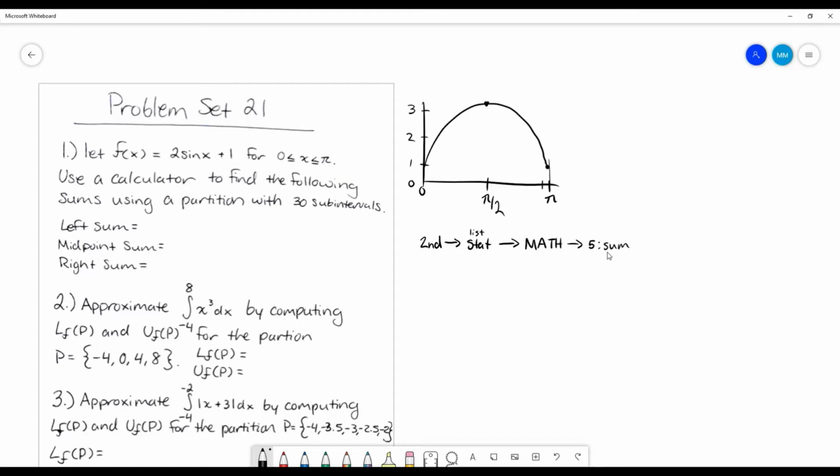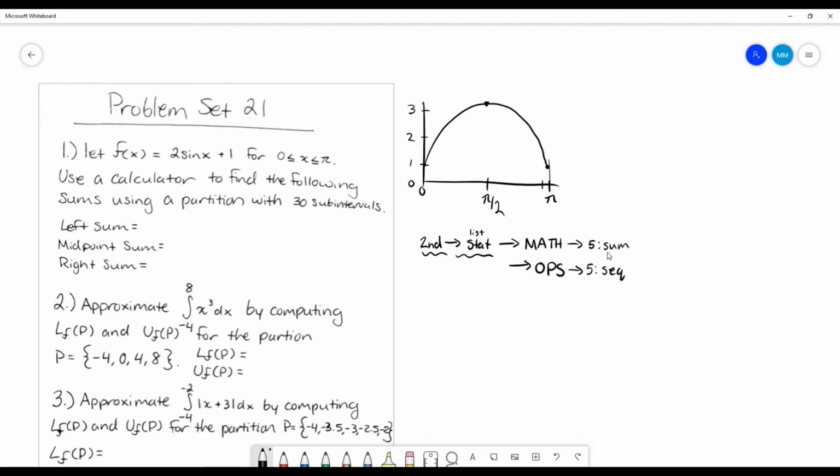And then, before doing anything else, we're going to go back. We're going to do second again, stat again, and this time we're going to go to these operations. And again, it's that 5th one for me, and it is seq, or sequence.